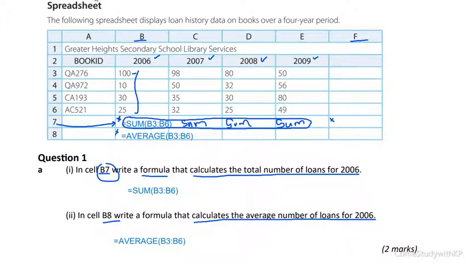But we actually have a function that can do that, so we use the average function. That would be the most accurate response. We use the average function from B7 to E7, and that should give us the average over the 4-year period.